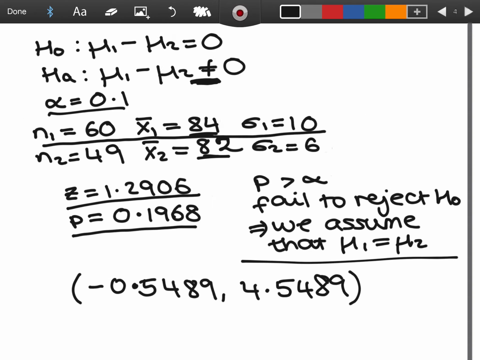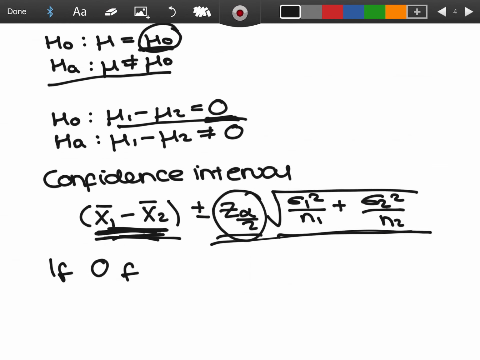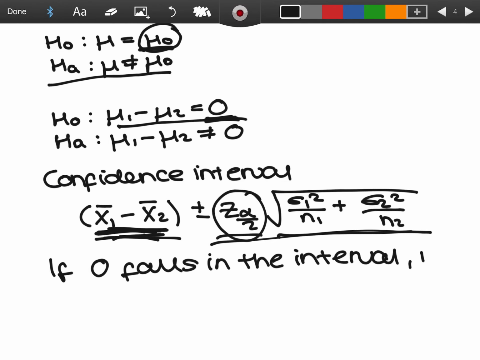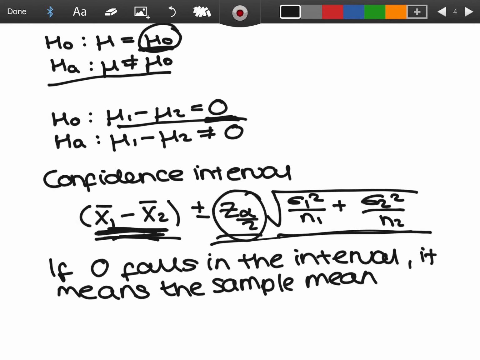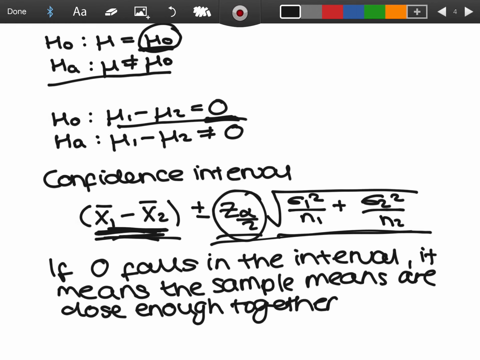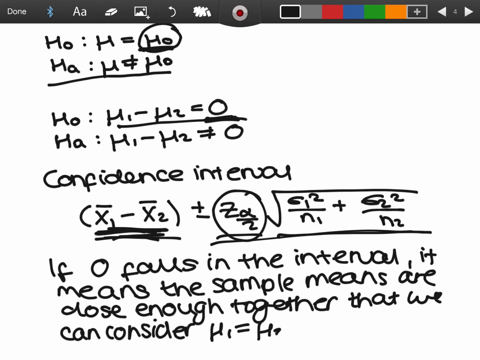So if 0 falls in the interval, it means the sample means are close enough together that we can consider the population means to be equal. Okay, so that means we fail to reject the null hypothesis.